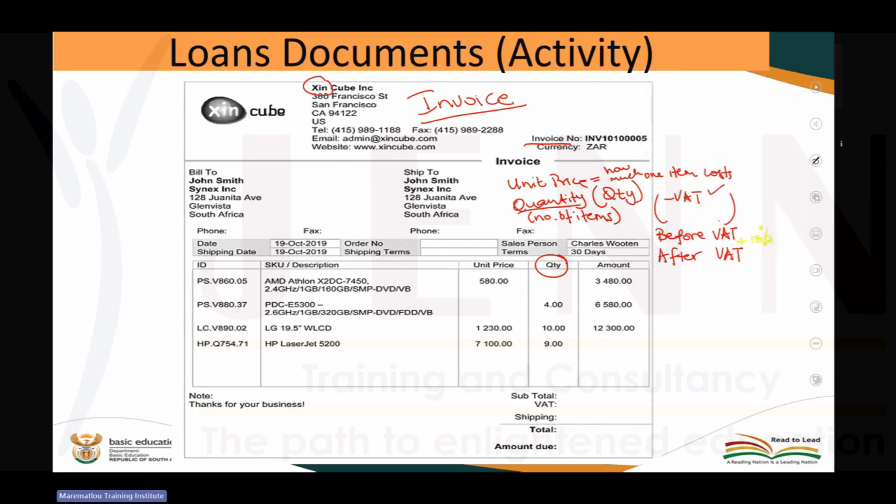And it's very important again to remember that these two can be named or called differently. We have what you call a VAT exclusive amount, which is the amount before VAT. And we have the VAT inclusive amount.